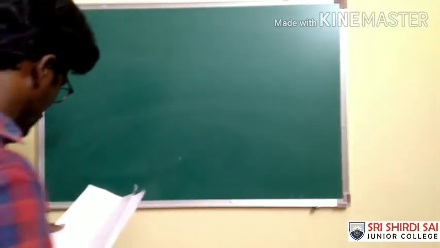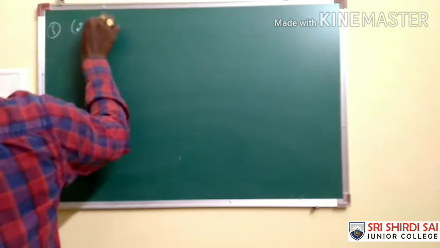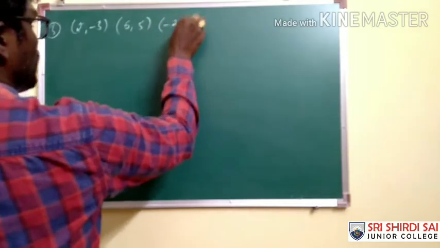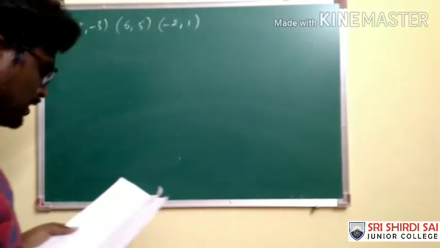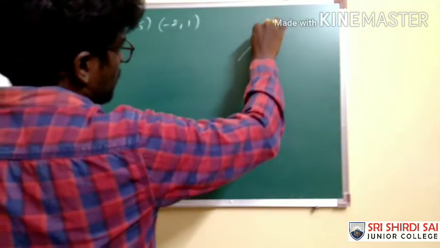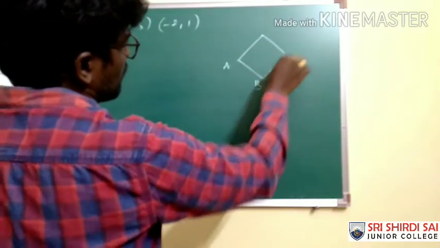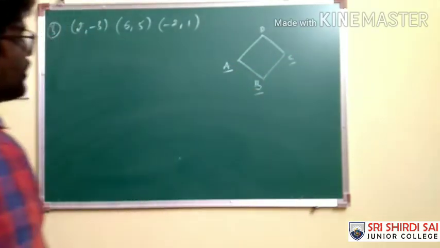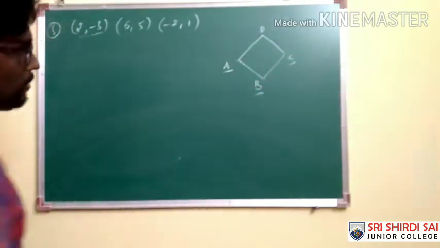Write down 2, minus 3, 6, 5, minus 2, 1 are 3 consecutive vertices of a rhombus. Means we are given with A, B and C. Let's consider A is 2, minus 3 and B is 6, 5 and C is minus 2, 1.